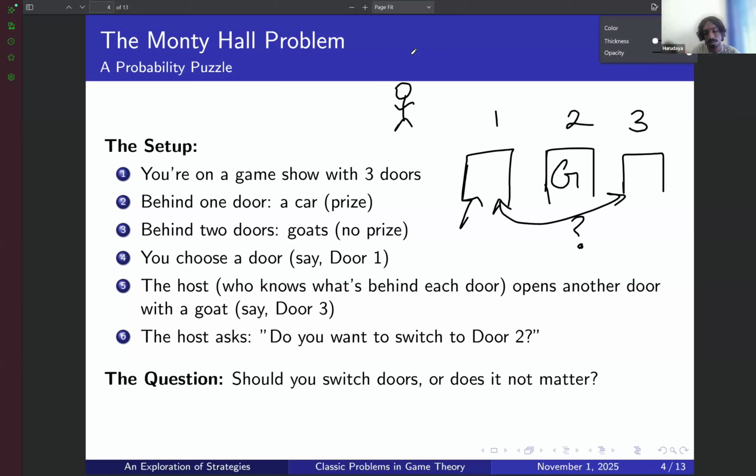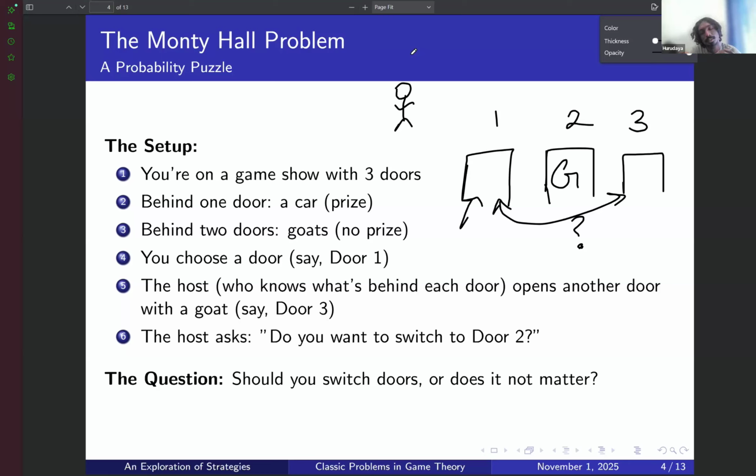Sir, you can switch to door 3, which would give you a higher probability. Why does it give you a higher probability? Because, sir, first there was a 33% chance that you would choose the door with the car, and a 66% chance that you would choose a door with a goat.